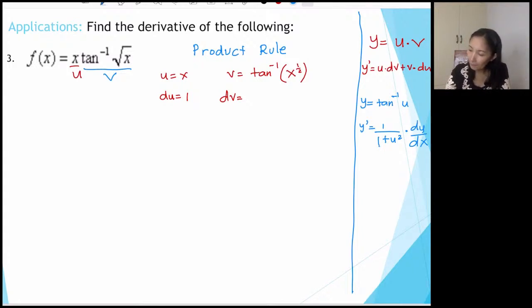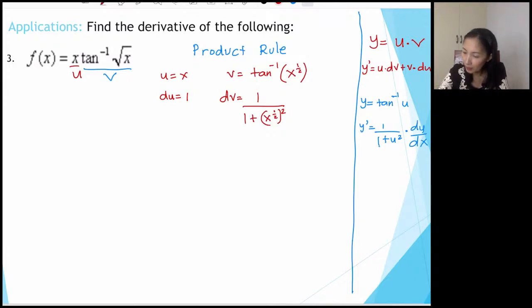So, derivative of arctan, therefore, is equal to 1 all over 1 plus x raised to 1/2 raised to 2 will be x raised to 1. Correct?